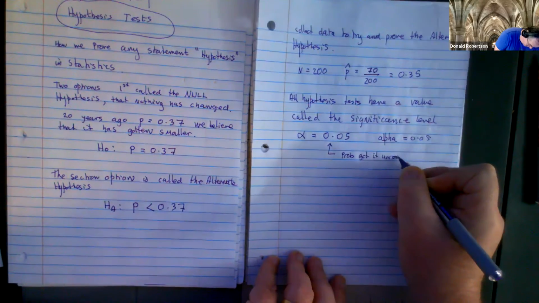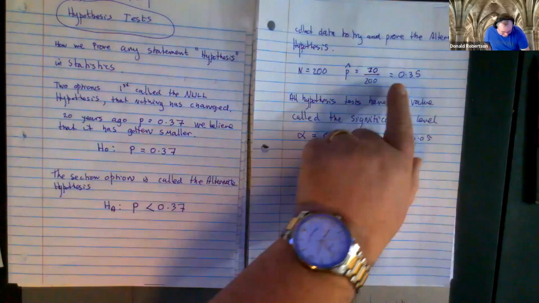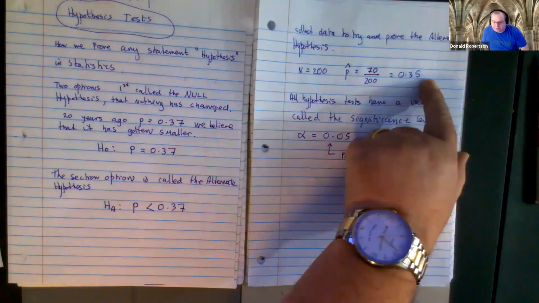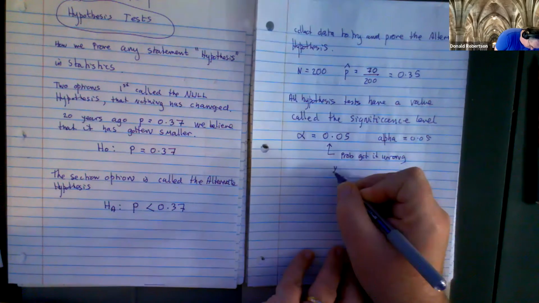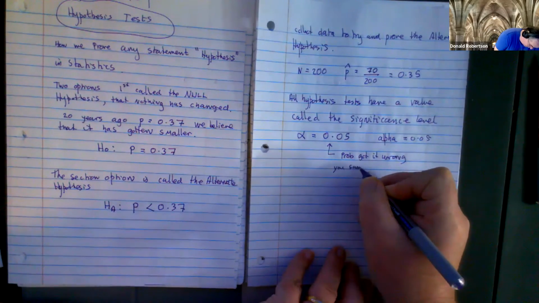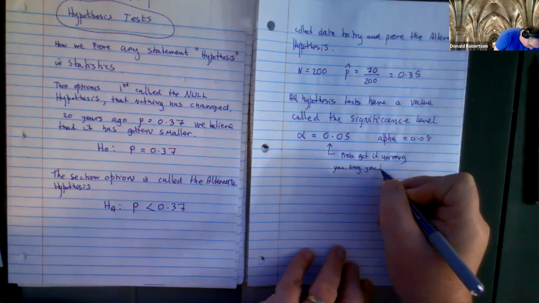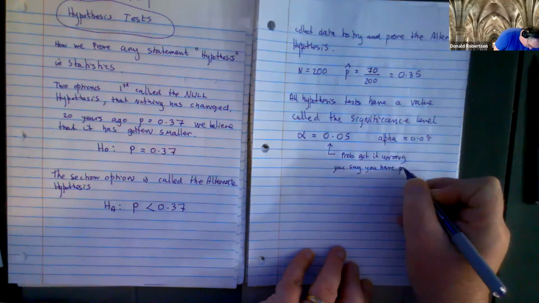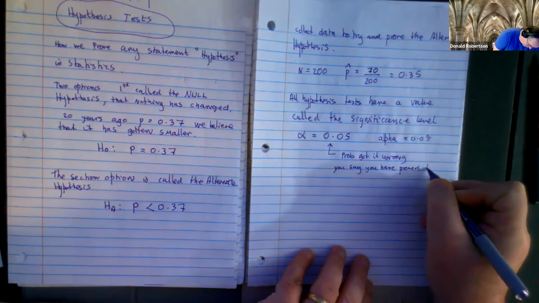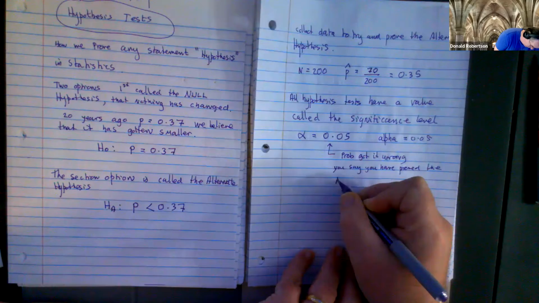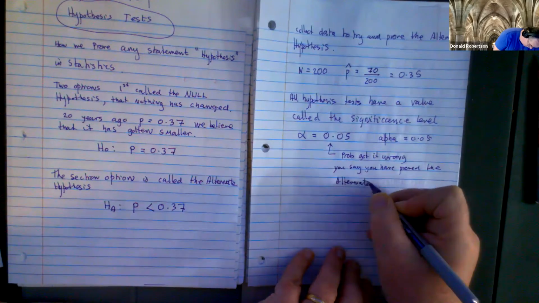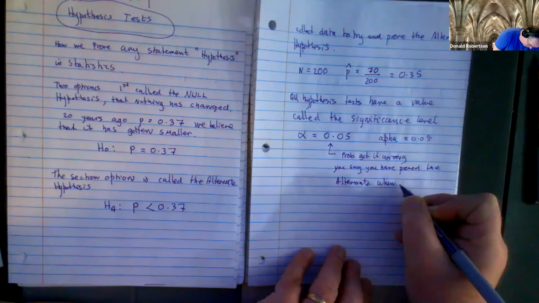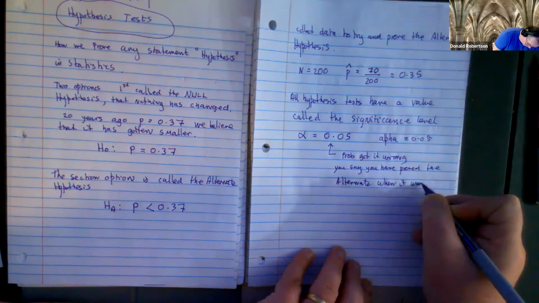What does that mean? It means that you say, oh yeah, we've proved something, when you haven't. So that means you say you have proved the alternate when it was in fact true.